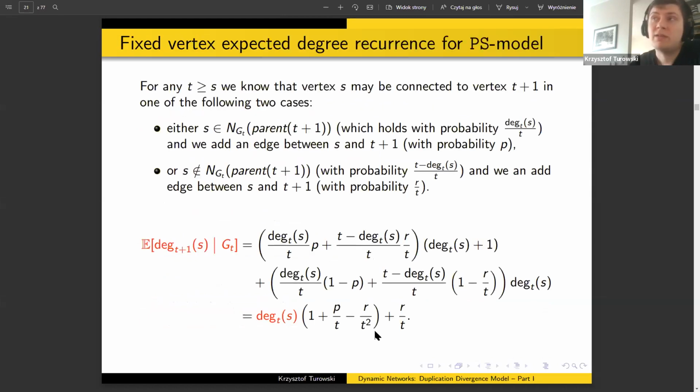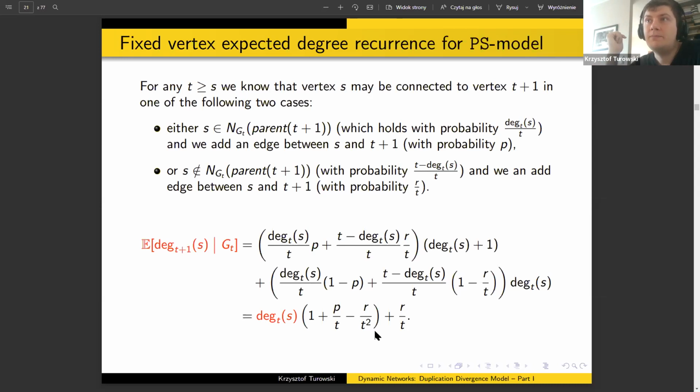Okay, but to do it, we had to start with the expected value of the degree of vertex S. And here we have a very simple recurrence straight from the definition. If we want to compute the expected degree, we have two cases.